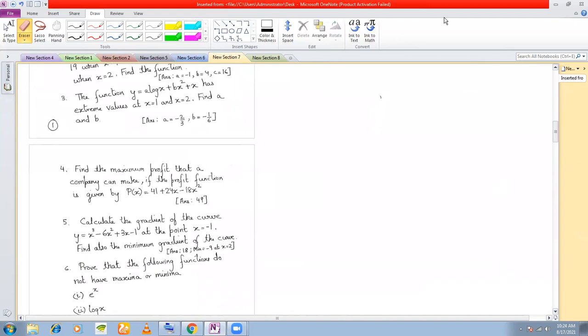Now look at this. Number 3. The function y is equal to a log x plus bx square plus x has extreme values at x is equal to 1 and x is equal to 2.